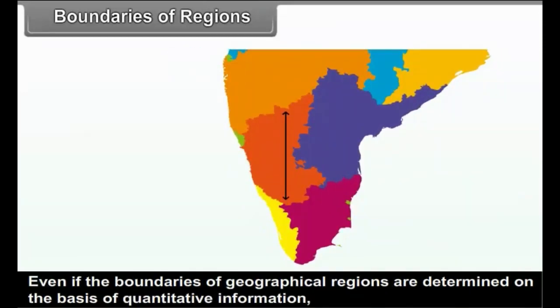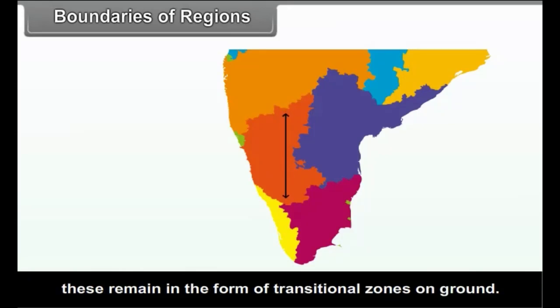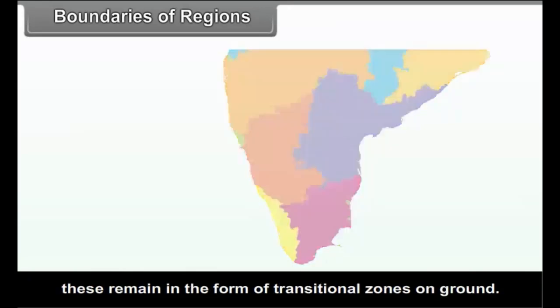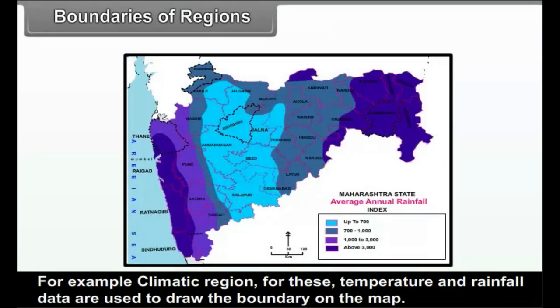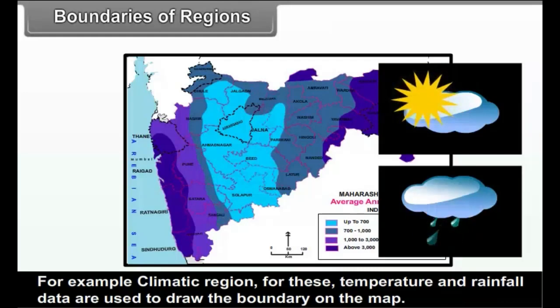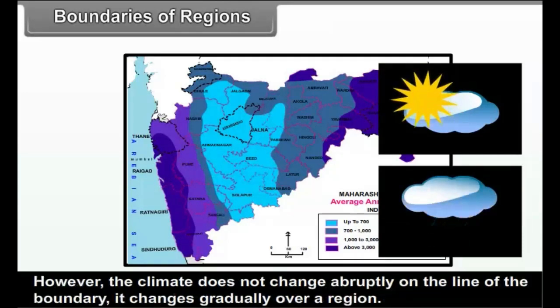Even if the boundaries of geographical regions are determined on the basis of quantitative information, these remain in the form of transitional zones on the ground. For example, climatic regions. For these, temperature and rainfall data are used to draw the boundary on the map. However, the climate does not change abruptly on the line of the boundary.